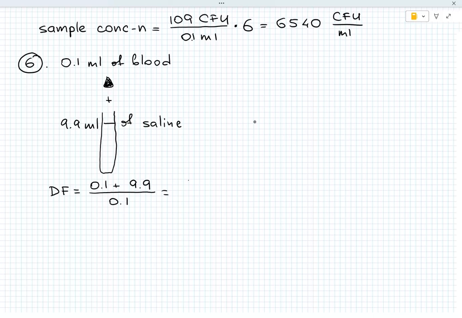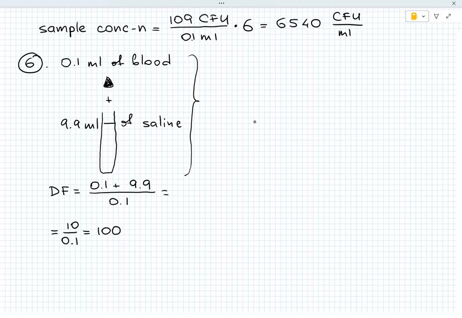So this is what we have there. 10 over 0.1, which gives you 100. And what do you do with that first dilution? You dilute it again, right?